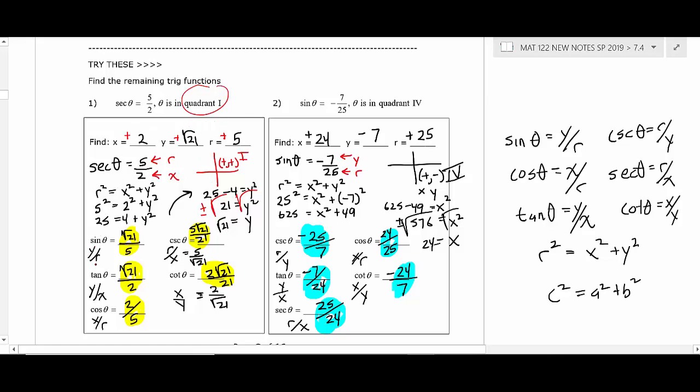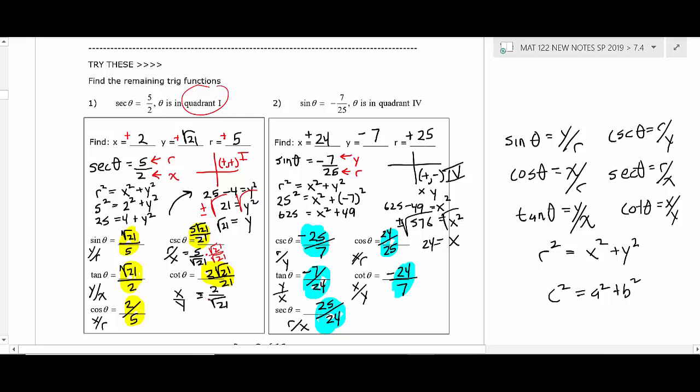The sine's y over r, root 21 over 5 is the answer. The cosecant is the reciprocal, so I just turned that upside down to get 5 over root 21. I didn't show the step, but I'm rationalizing the denominator to get that. The tangent's y over x, so root 21 over 2.